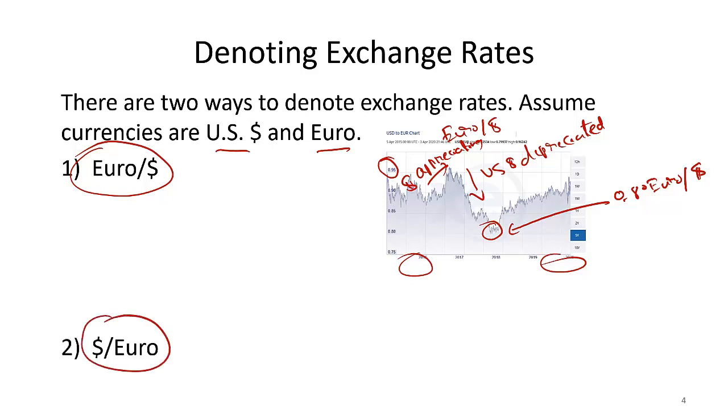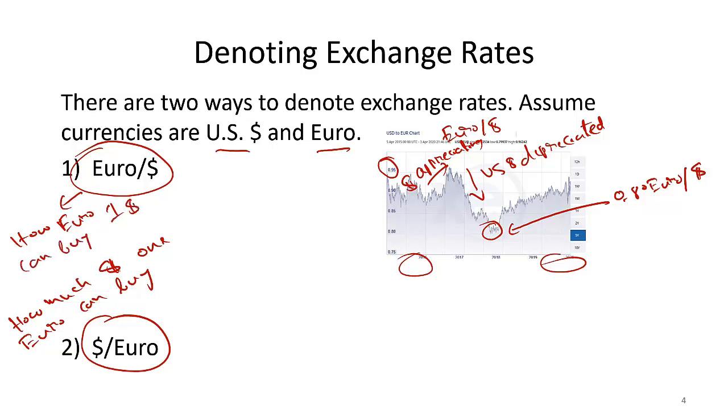Now there's another way you can show all of this, which is in terms of dollar per euro. In the first case we measured euro per dollar, that means how much euro $1 can buy. We can also denote it by how many dollars 1 euro can buy.